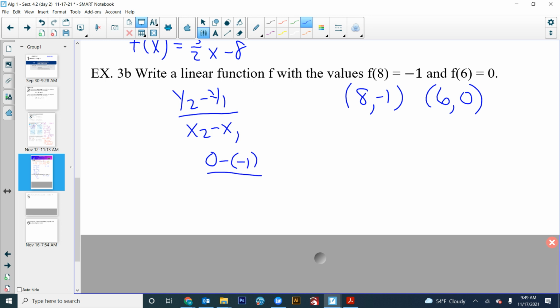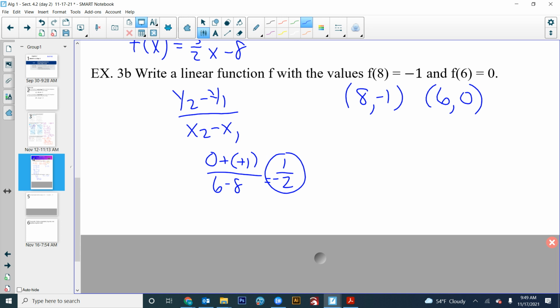And what about your x's? 6 minus negative 8. What happens here, Jill? That becomes positive. So it's what? Positive 1 over 14, which is 1 over... there's my slope, negative 1/2. Okay?